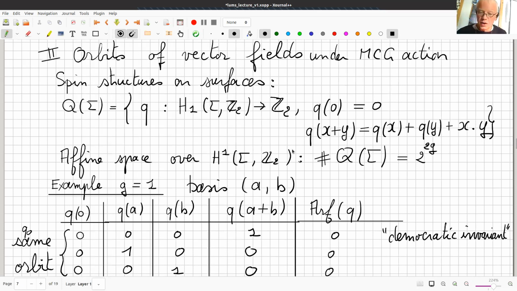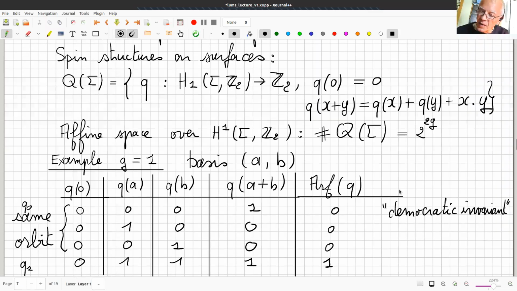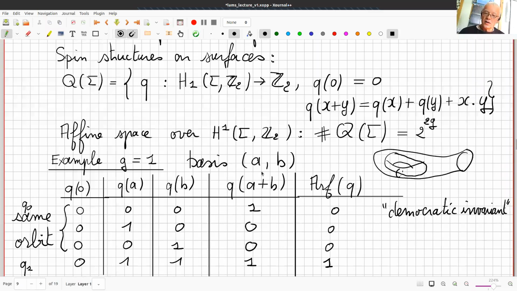For example, if I take genus 1, and my genus 1 surface has a basis for homology a, b, then this spin structure is completely determined. Of course, it always takes 0 to 0. a can be sent to 0 or 1. b can be sent to 0 or 1.